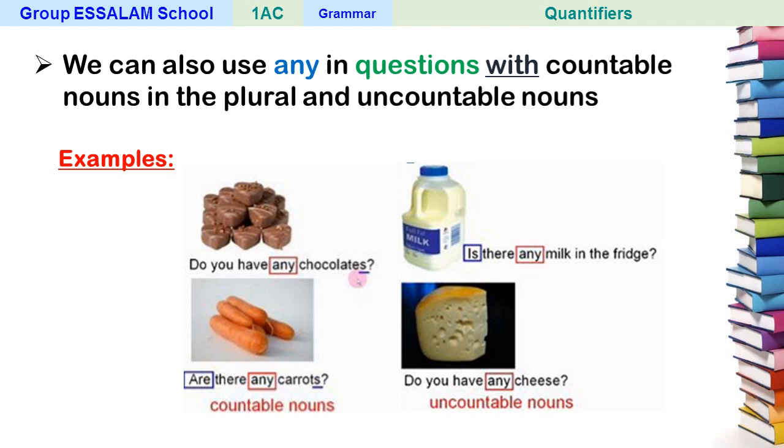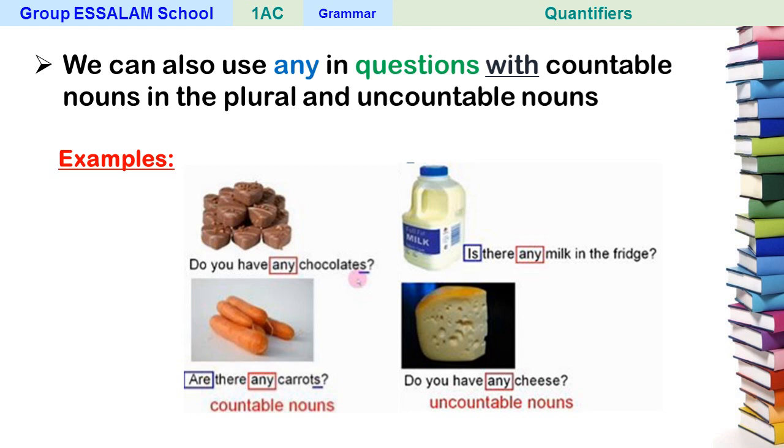Milk, we cannot say milks because it is an uncountable noun. Uncountable nouns, we use only in singular form. Remember this. Now let's see this example. Do you have any cheese? Also, cheese is an uncountable noun. So since it is a question, that's why we use any.